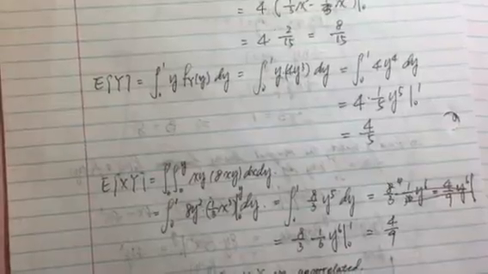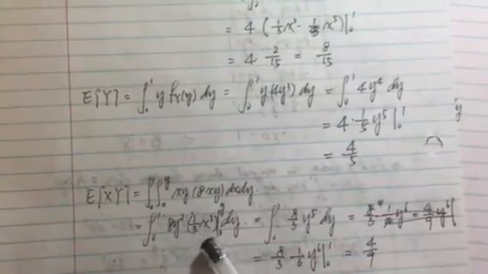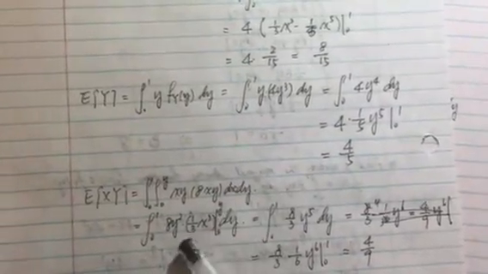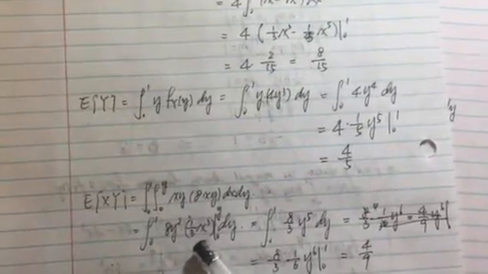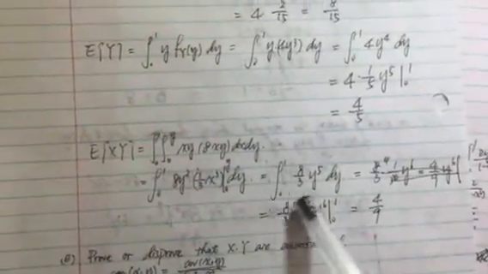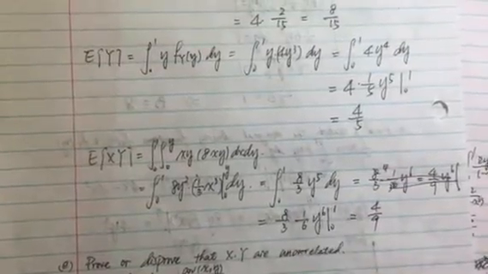So we do the integral for dx first. In this case, 8y squared will be constant, so we take it out and we get 1/3 x cubed from 0 to y. This will just be 1/3 of y to the fifth. And now we take the integral of 1/3 y to the fifth from 0 to 1, and we get 4/9.